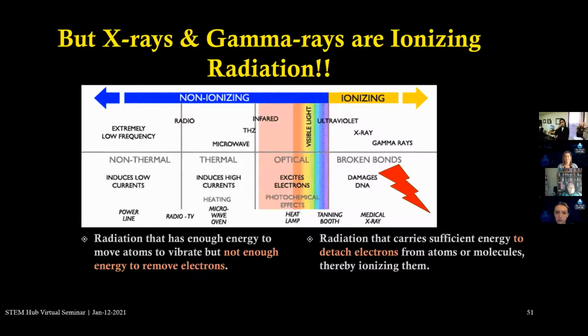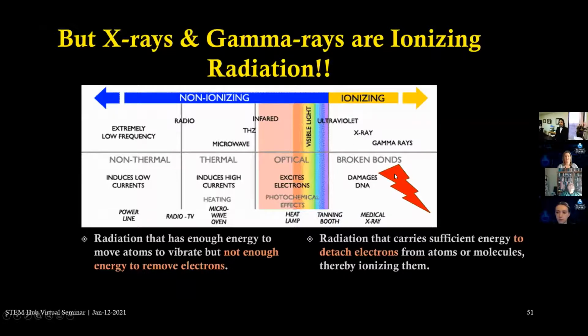Okay, so to conclude the X-rays and gamma rays, I just want to highlight that both X-rays and gamma rays are ionizing radiation. So in the spectrum, this is the ionizing part and this is the non-ionizing part. Ionizing radiation is radiation that has enough energy to detach electrons from atoms, whereas non-ionizing radiation like MRI doesn't cause removal of electrons.